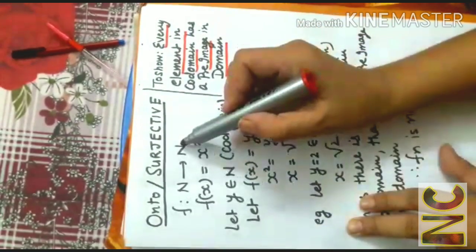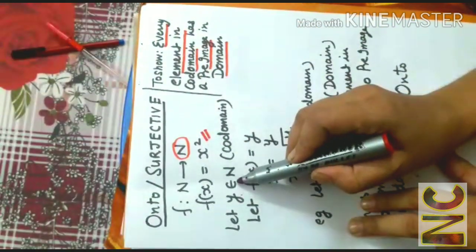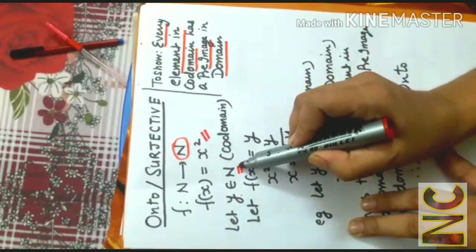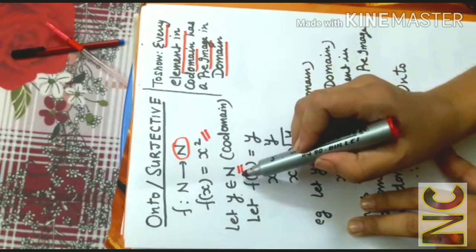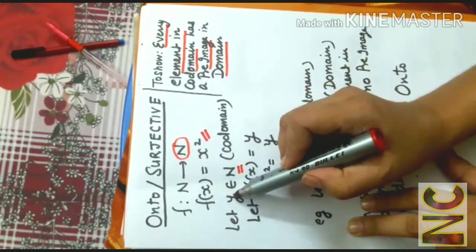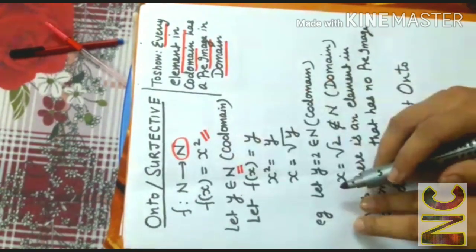So here this is the codomain, so I take any element y in the codomain. Now I have to check whether the pre-image of this element in codomain exists in domain or not.